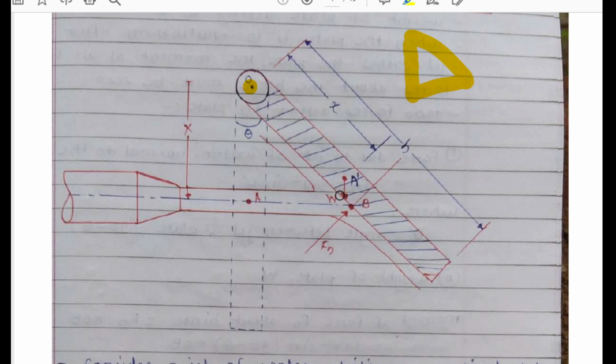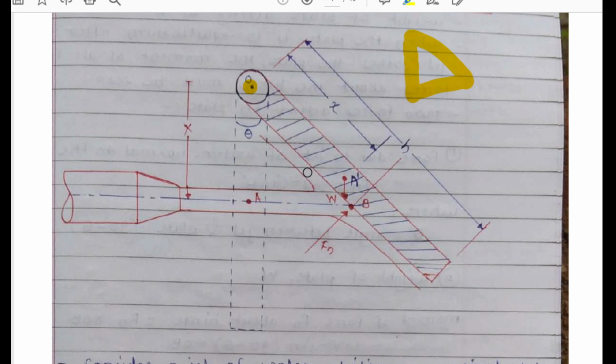How can we write this? The angle theta, adjacent side and hypotenuse. That means cos of this theta will be equal to OA, that is the adjacent side, upon hypotenuse, that is OB. So OA upon OB equals cos of theta.